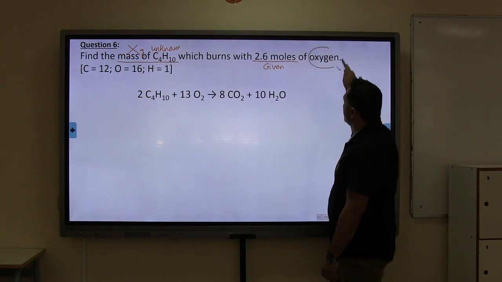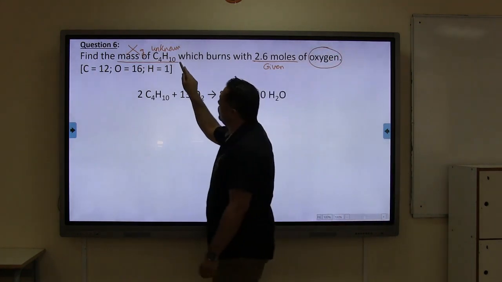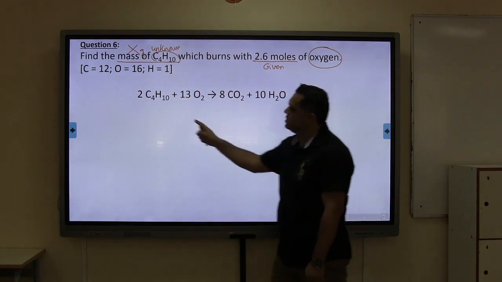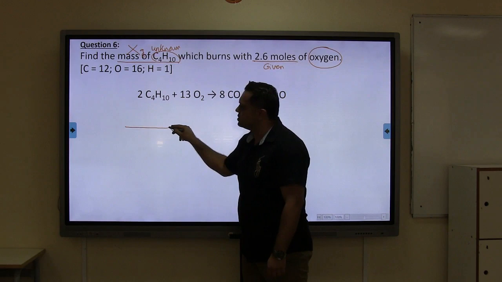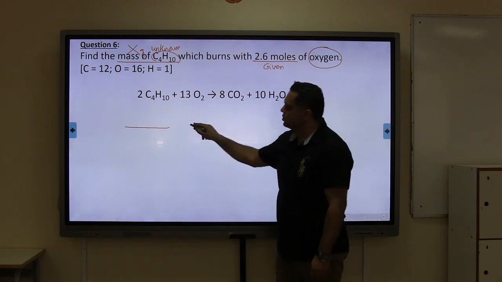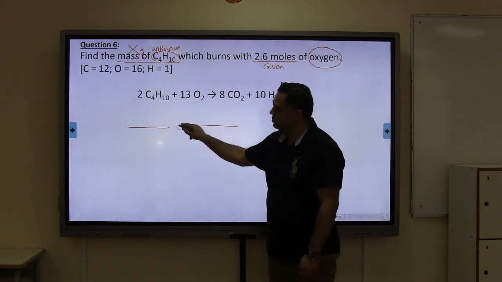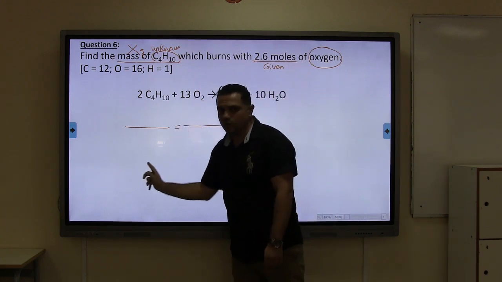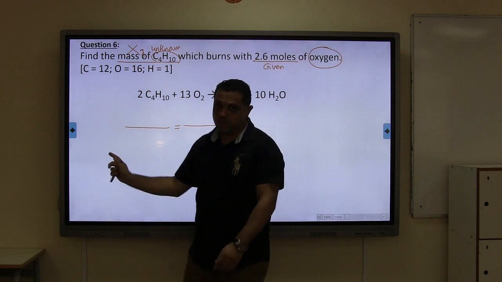So I am dealing with oxygen and I'm dealing with C4H10. If we look at this reaction, for C4H10 I write a ratio, and for oxygen I write another ratio. So one ratio will be for oxygen, one ratio will be for C4H10, butane.